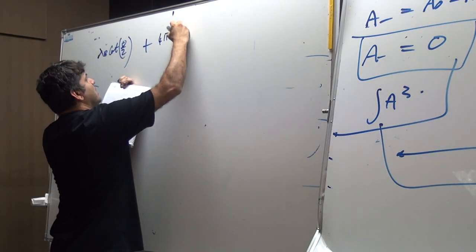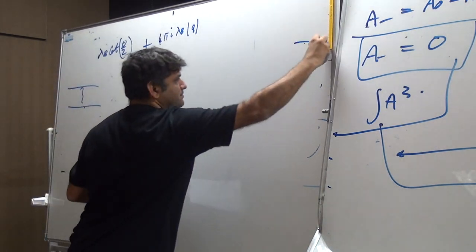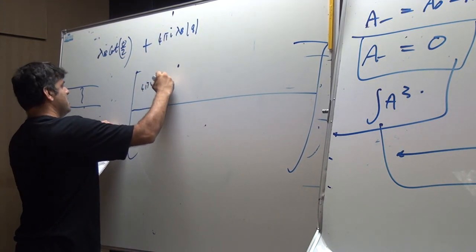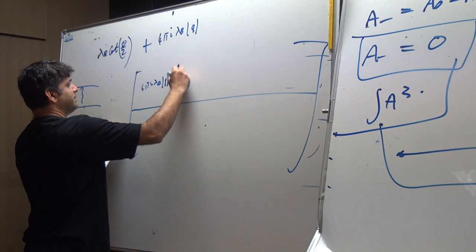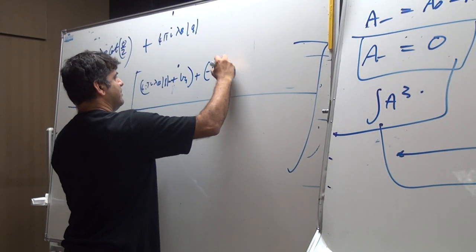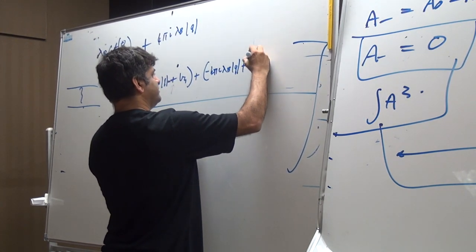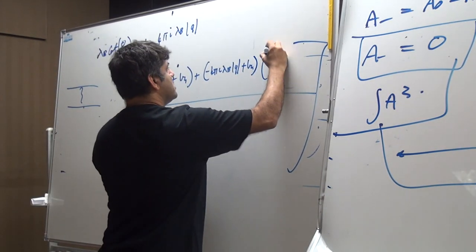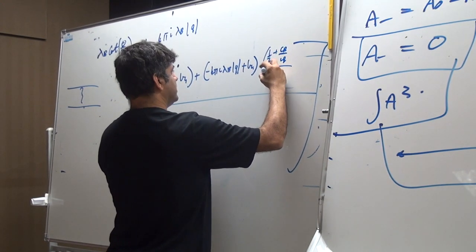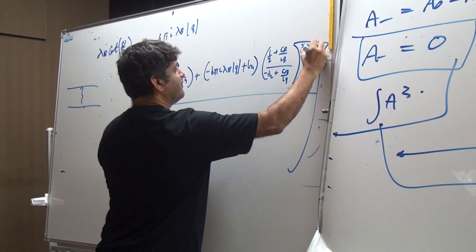Plus 4 pi i lambda b mod q times, so this whole thing multiplies this object here. 4 pi i lambda b mod q plus b4, plus minus 4 pi i lambda b mod q minus, so plus b4, into (half plus cb by iq over half minus half plus cb by iq) to the power lambda b.